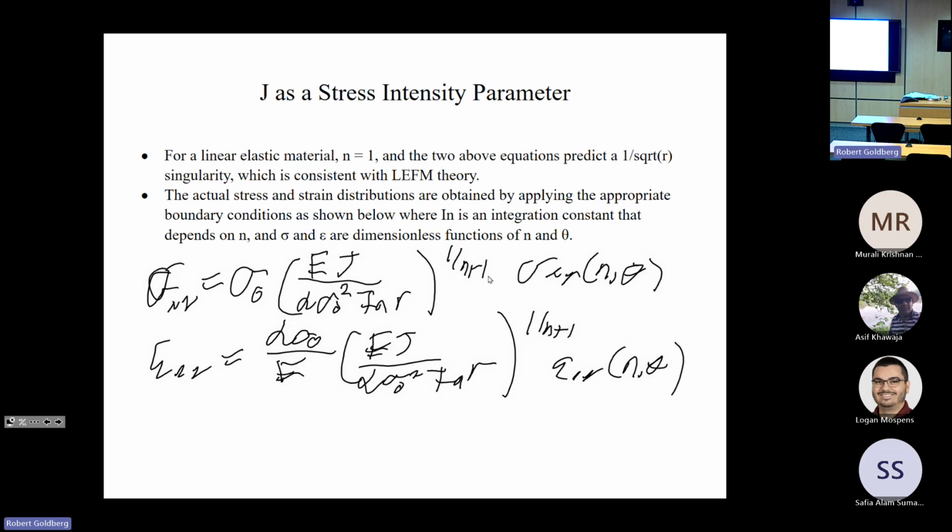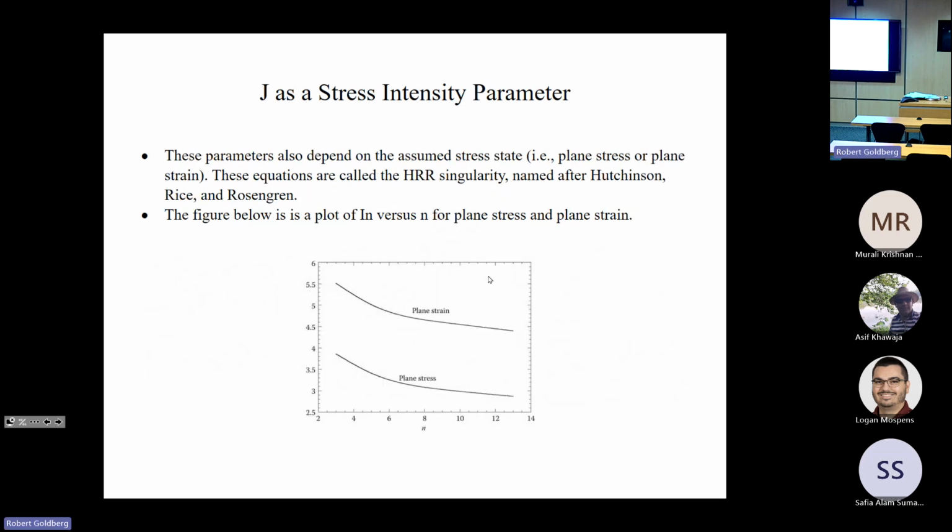In these expressions, this In is an integration constant that depends on n, and sigma and epsilon here are just dimensionless functions of n and the angle that you're looking at. These parameters depend on the assumed stress state, whether it's plane stress or plane strain, and these equations are called the Hutchinson-Rice and Rosengren singularity.